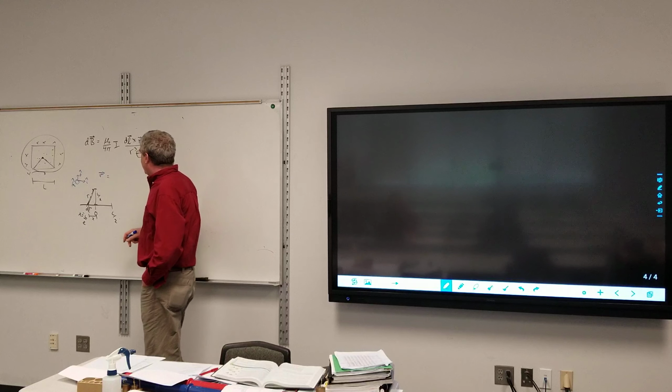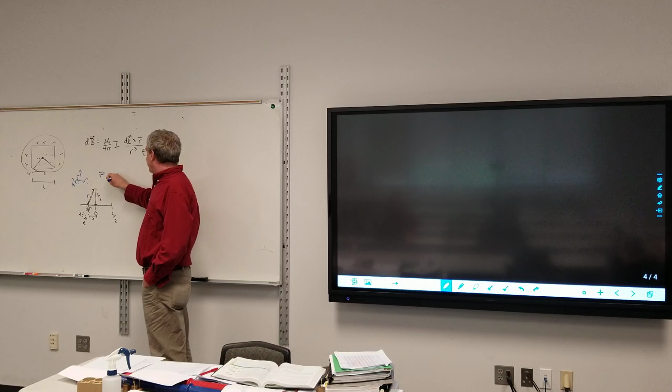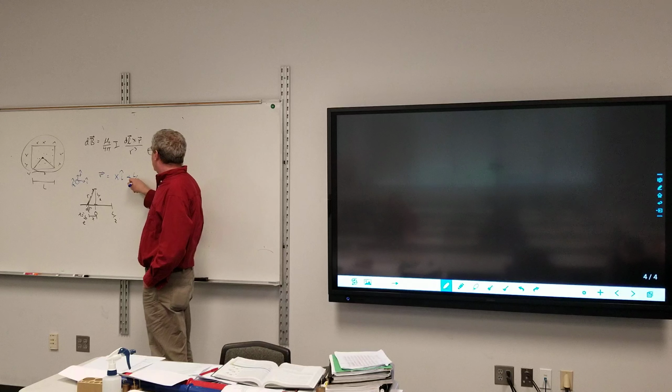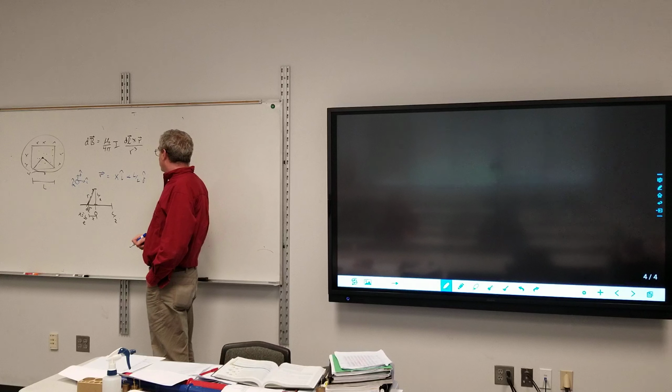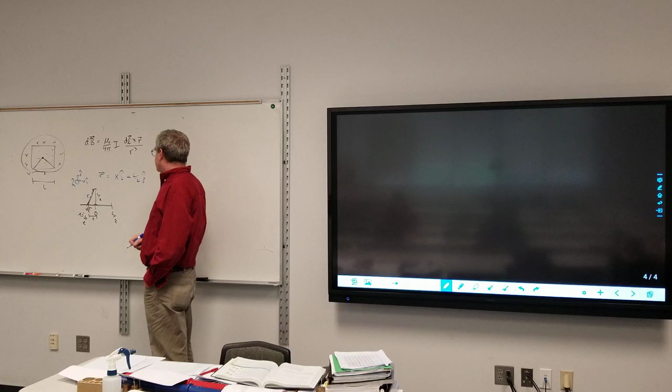So my vector r is, well, it's going to be x i hat plus L over 2 j hat. Let me take a moment to think through the signs here. That distance there is x. x is negative in that spot. I think I'm going to be good with signs.